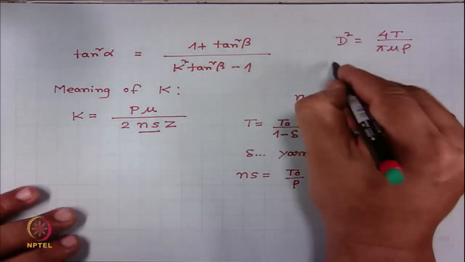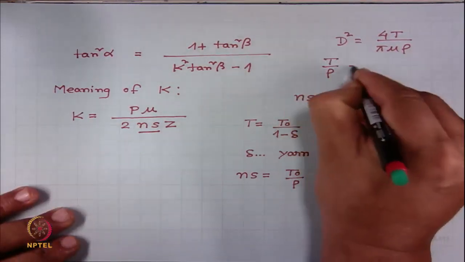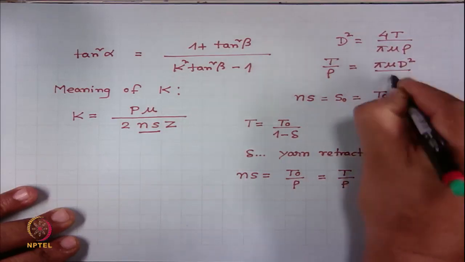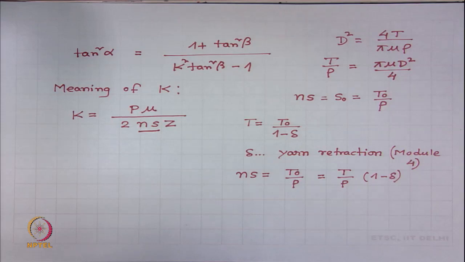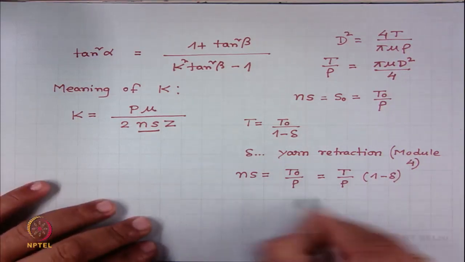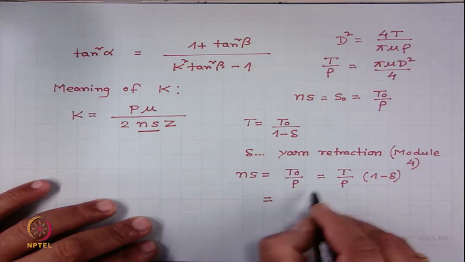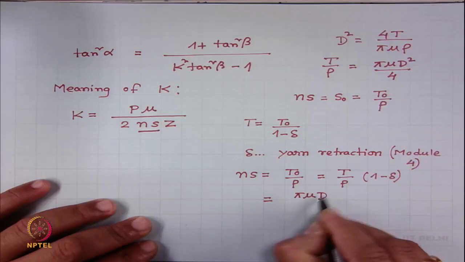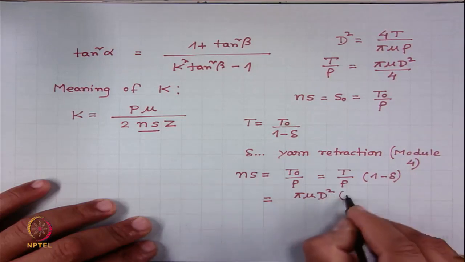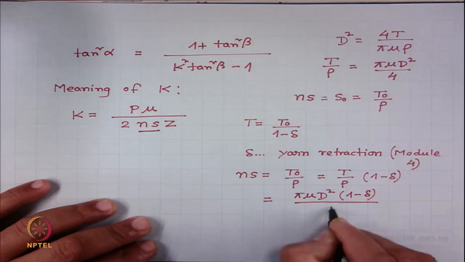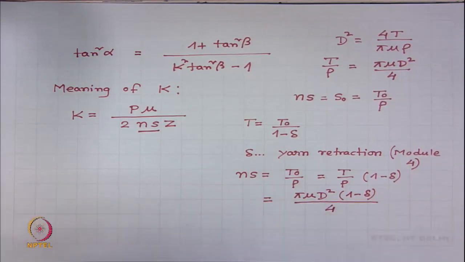So, T by rho is pi mu d square by 4. If we substitute here T by rho, then what we will obtain? Pi mu d square, 1 minus retraction, by 4, that is your NS.